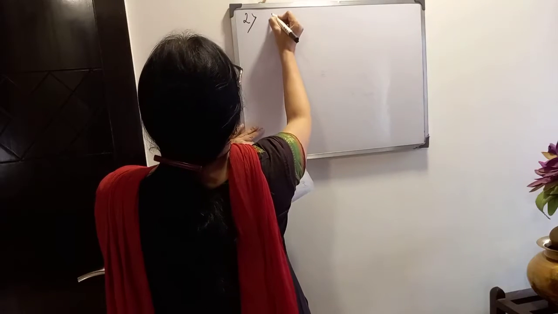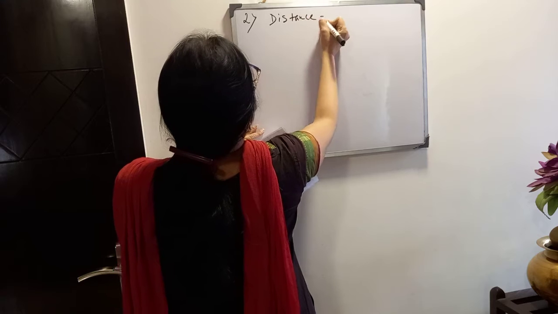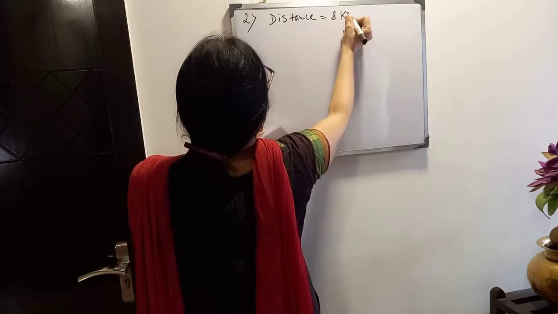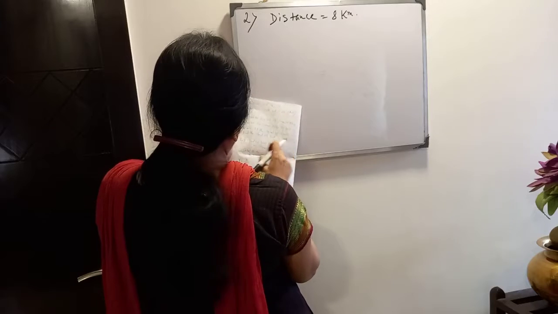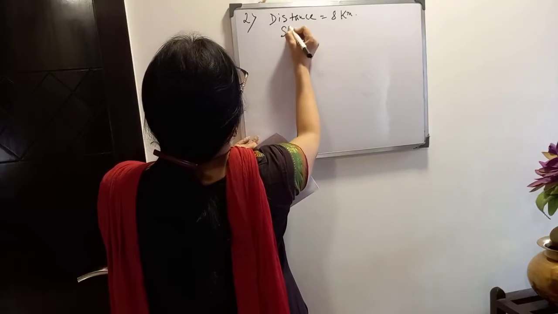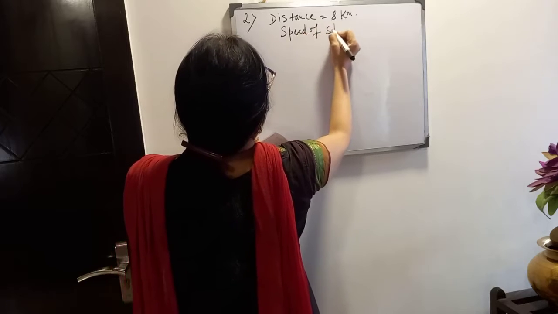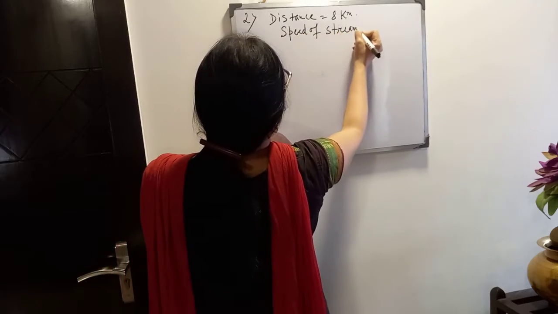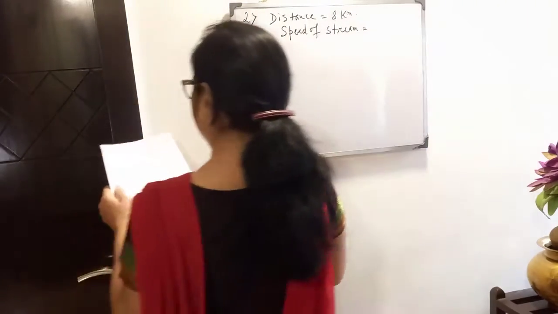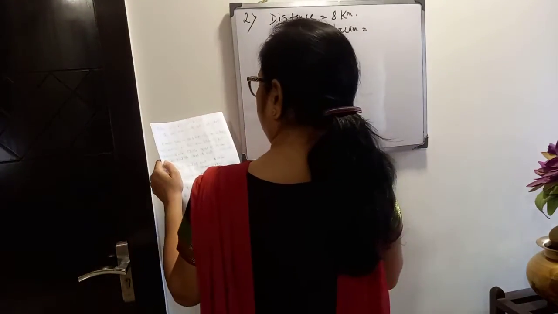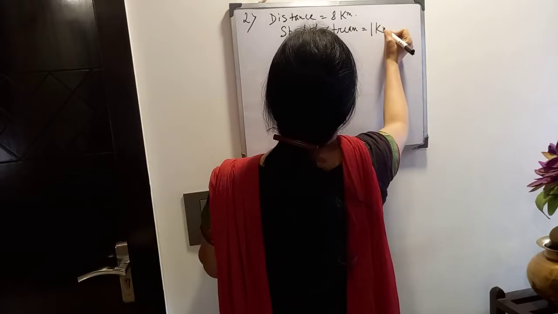Distance is given as 8 km, and another piece of information, the speed of the stream, equals 1 km per hour.